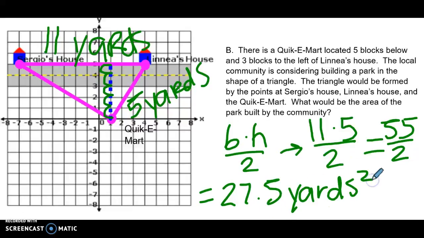And remember, we're talking about yards as our unit of measurement because in part A, they said that a length of 1 is a yard. And remember, area is always going to be squared because we're talking about square units, and one of those units is a square.